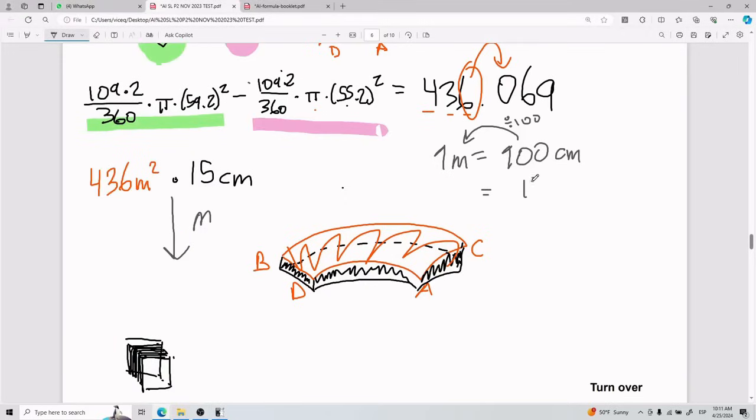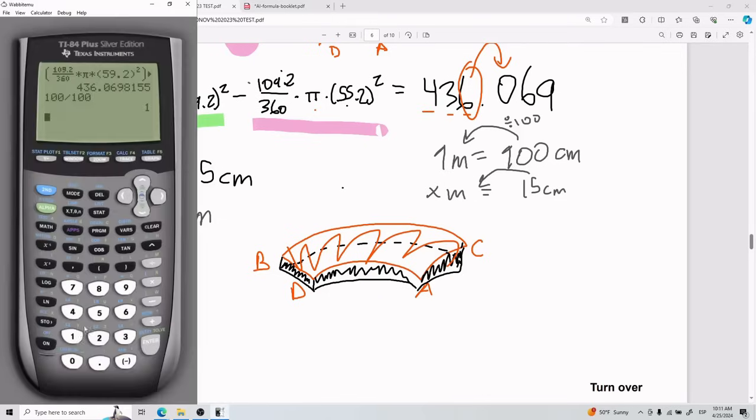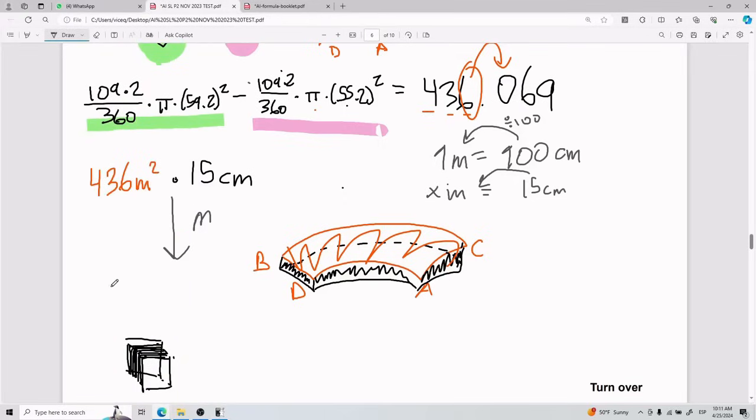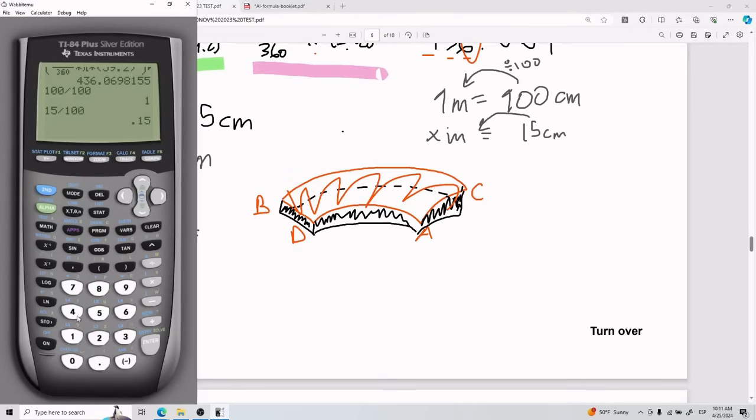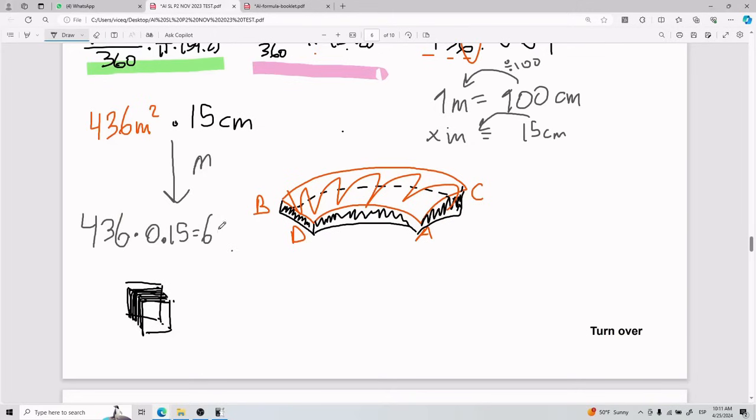Okay, so if you're trying to find 15 centimeters, how many meters would that be? Now the relationship is still divided by 100. So you need to do 15 divided by 100, 0.15. And so to leave it all in meters, it would be 436 times 0.15. That will give you the volume in meters. And so the volume in meters would be 436 times 0.15, 65.4. So 65.4 meters cubed would be one way to answer this question.